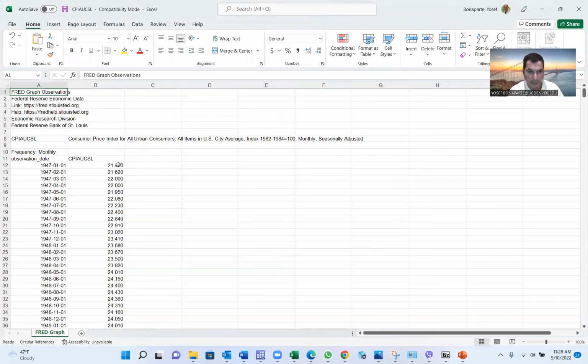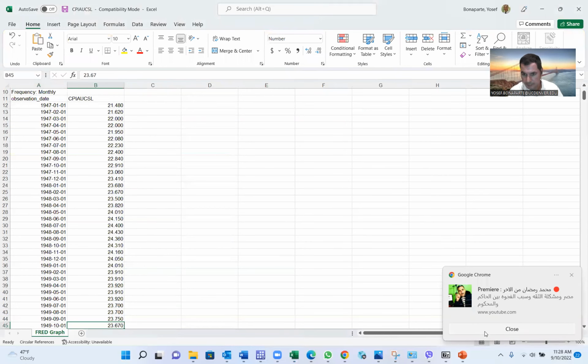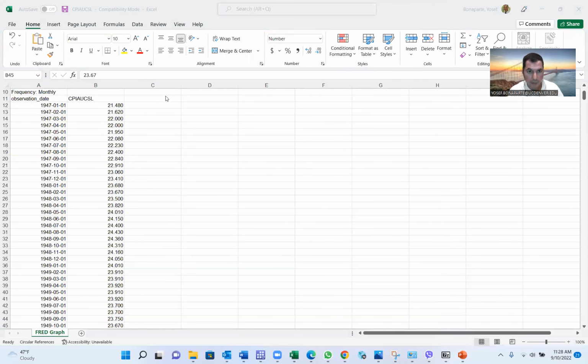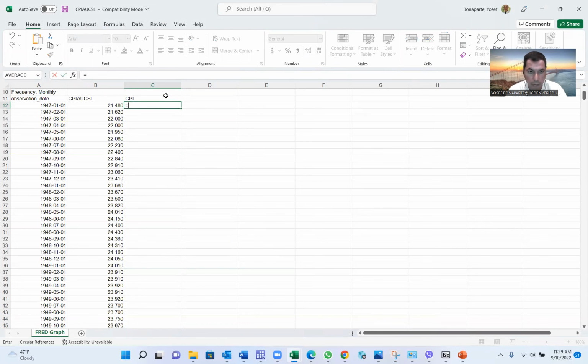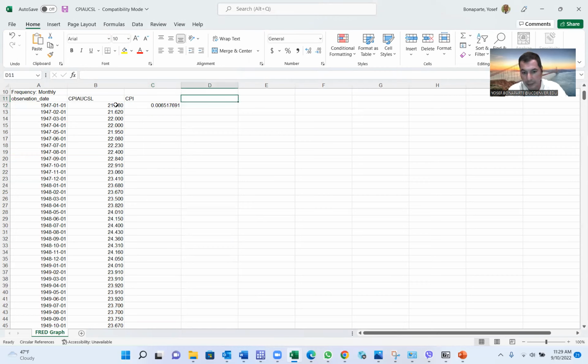So this is the price index, from 1921 all the way down. So the CPI for the month of January will be equal to the inflation, basically the end of the month divided by last month, minus 1. So that's the monthly inflation. And then the annual inflation will be the following.